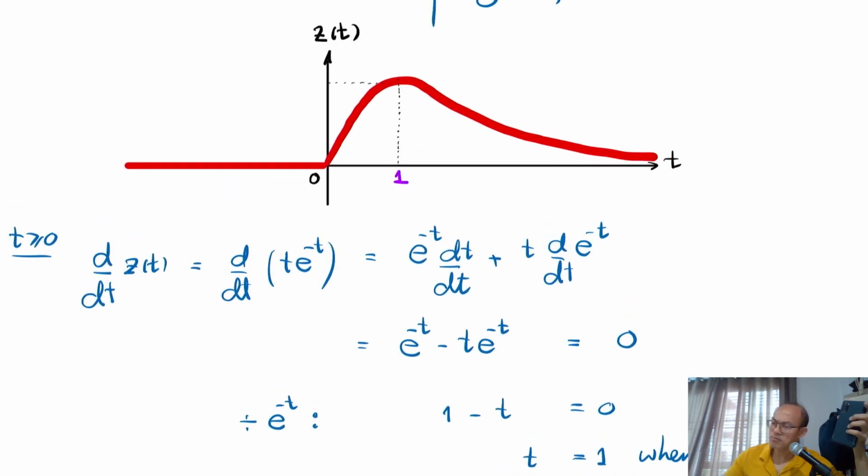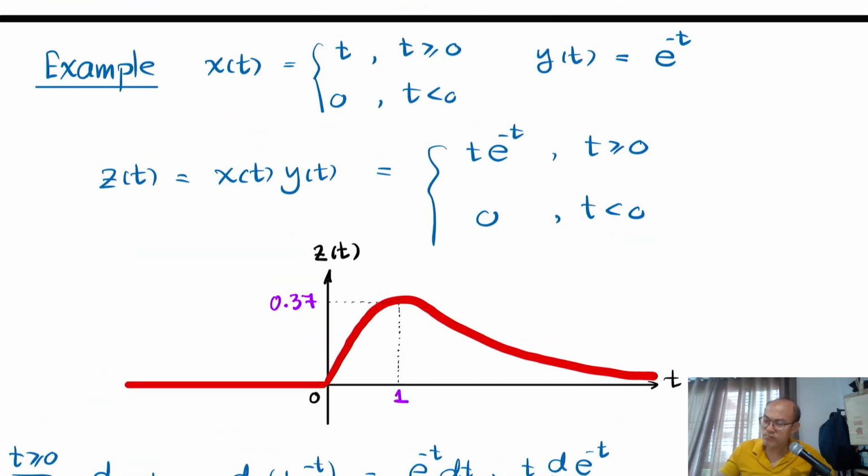Okay, so this one is 0.37. So that is the signal z, right? We're gonna see this a lot as well when we study Laplace transforms.